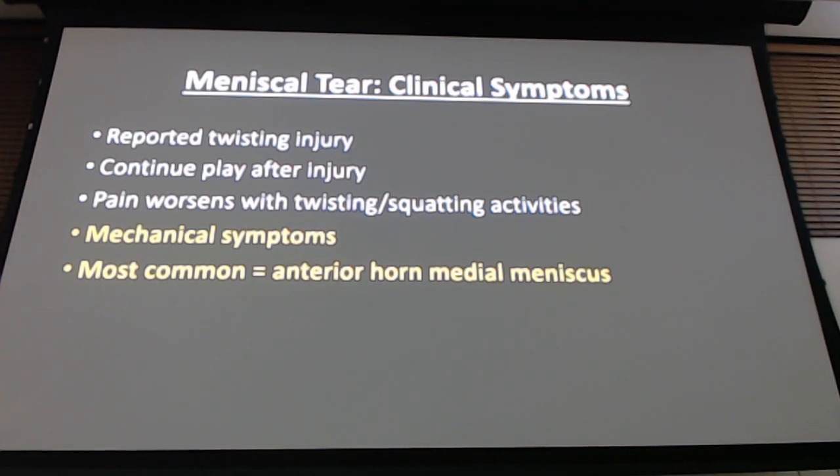So 30 degrees is not that much flexion, correct? In any regard, I won't ask you a question like that, but I just want to see if you guys are thinking at 9:15 in the morning on a Thursday before a cardio test. Preparing yourself for junior clinical. But anterior horn medial meniscus is the most common.